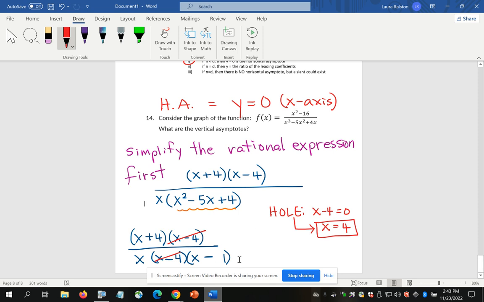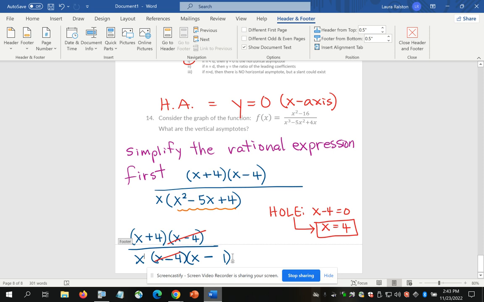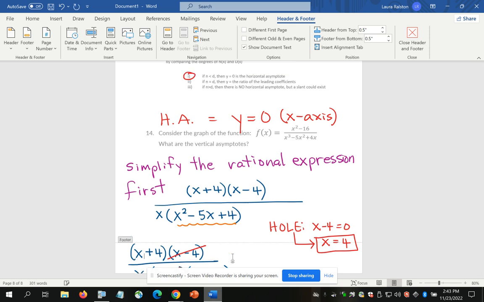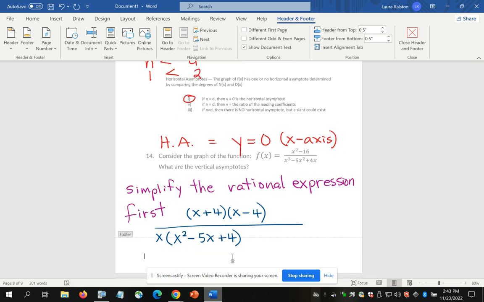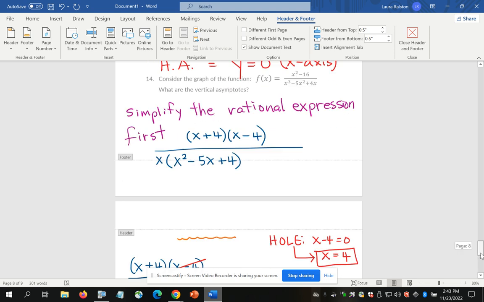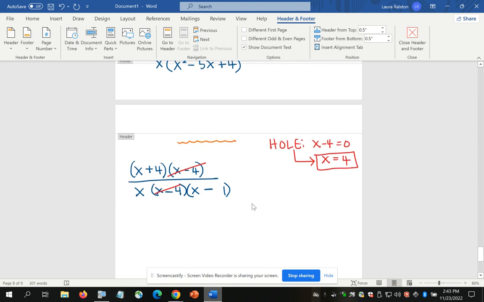So from what remains, let's see if I can get another little piece of paper going on here. Okay.